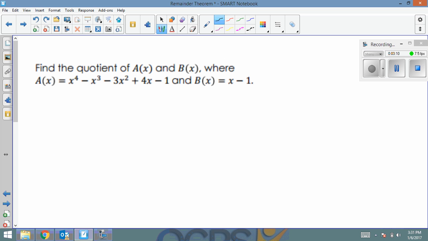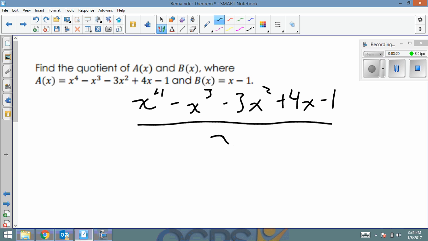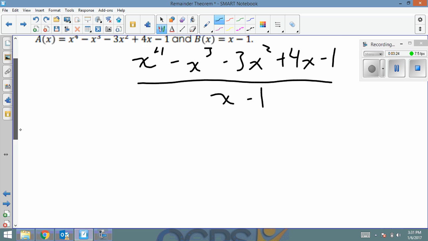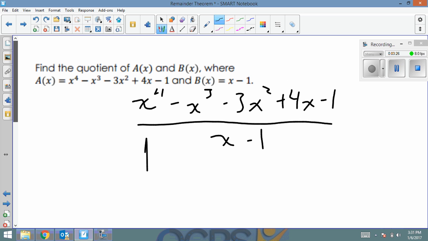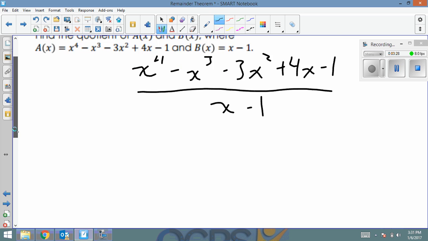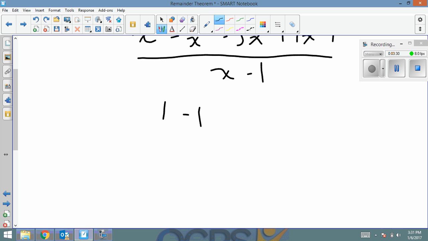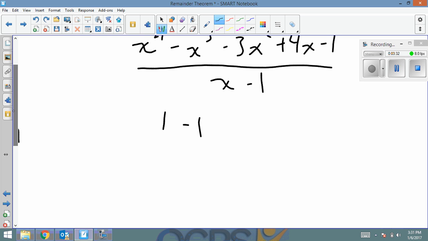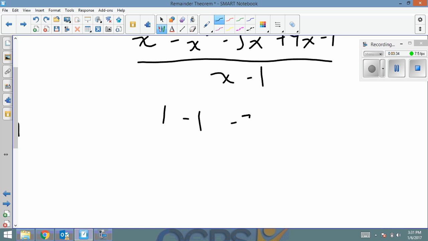So this time we're going to do x to the 4th minus x to the 3rd minus 3x squared plus 4x minus 1, all over x minus 1. So we synthetically divide again. So we have 1, 1, -1, -3, 4, and -1.